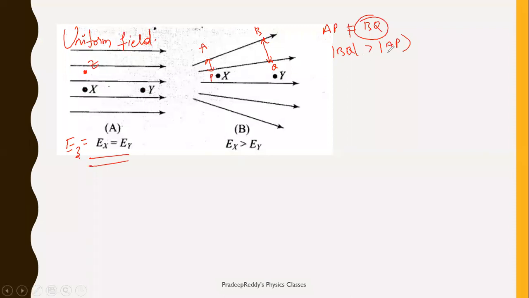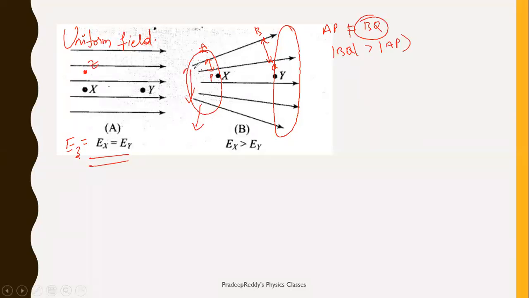BQ and AP, their magnitudes are different. Clearly, when you are moving away, what is happening here? Separation between two field lines goes on increasing. Now in this region, field lines are in less area, and in this region, see here, the area covered is more, but the field lines are the same. Here the area covered is less, field lines are the same, 1 2 3 4 5.